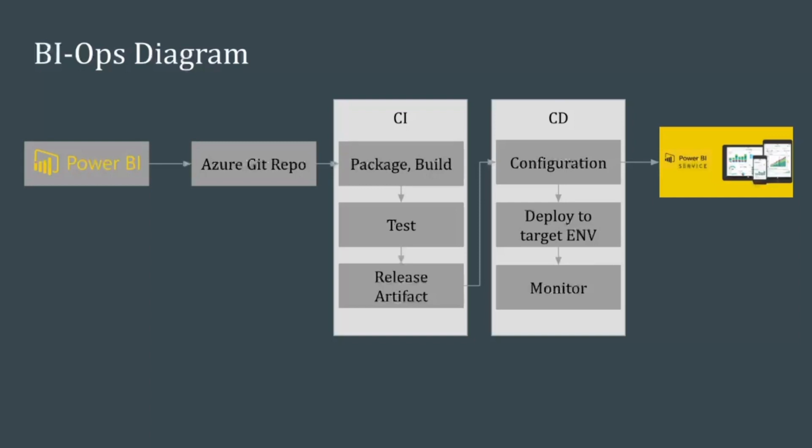And then on the cloud machine, we need to test our Power BI files by deploying into the development environment, and we run the testing, like calling the Power BI API. Once the test is done, we need to release the artifact so that the CICD can consume the artifact, do the configuration, and deploy into the target environment.